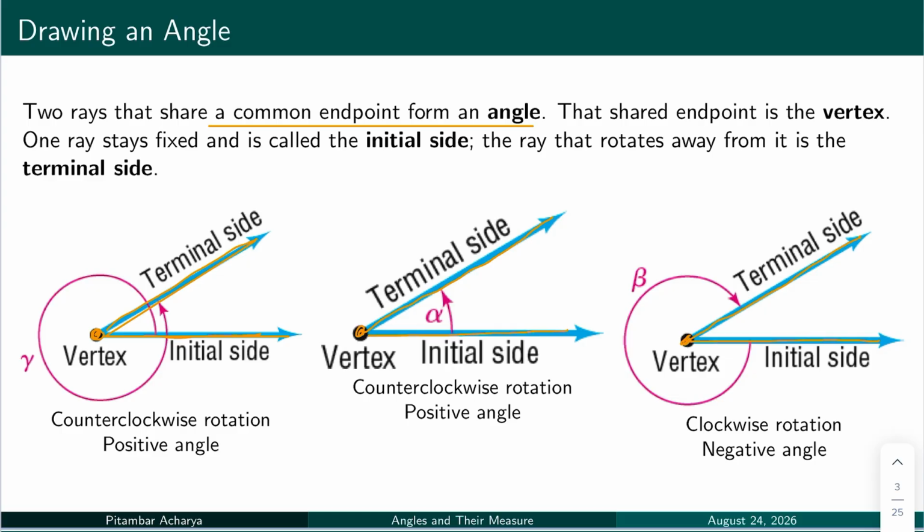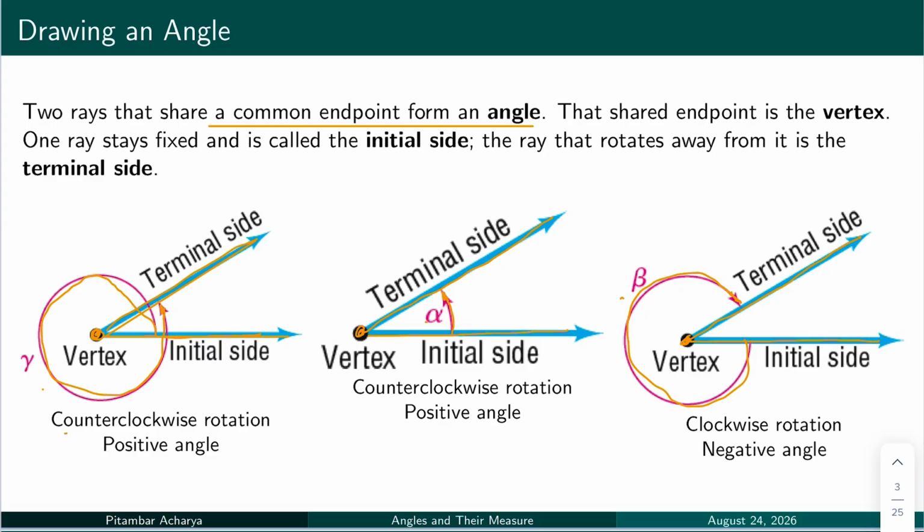So we see the rotation of the angle: one is in this direction, which is counterclockwise, and this is also in counterclockwise direction, but this one is in clockwise direction. So here gamma, alpha, and beta are the angles.